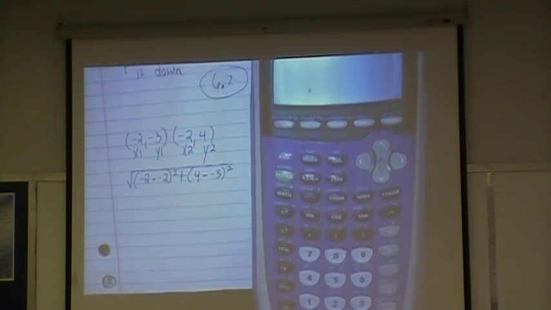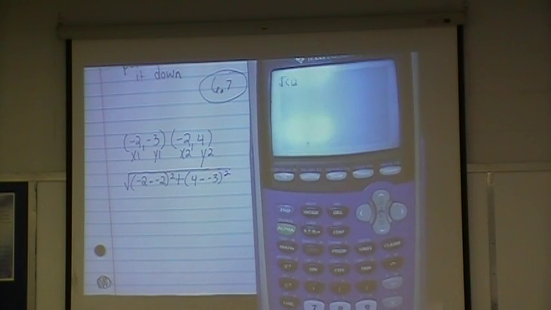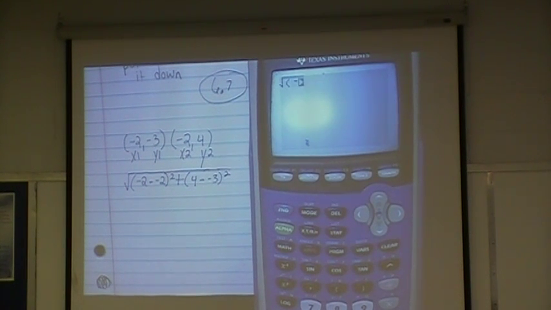Negative is down here at the bottom. -2 minus -2, close your parentheses, square it, plus parentheses 4 minus -3, close your parentheses and square it.